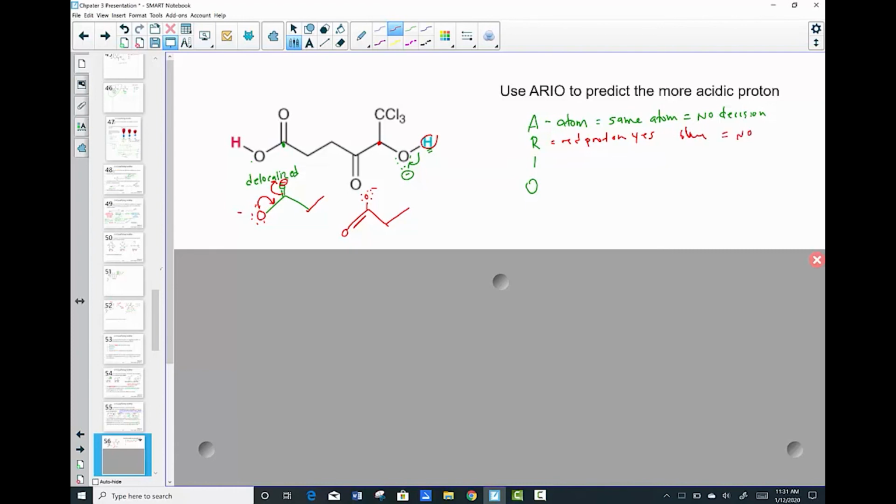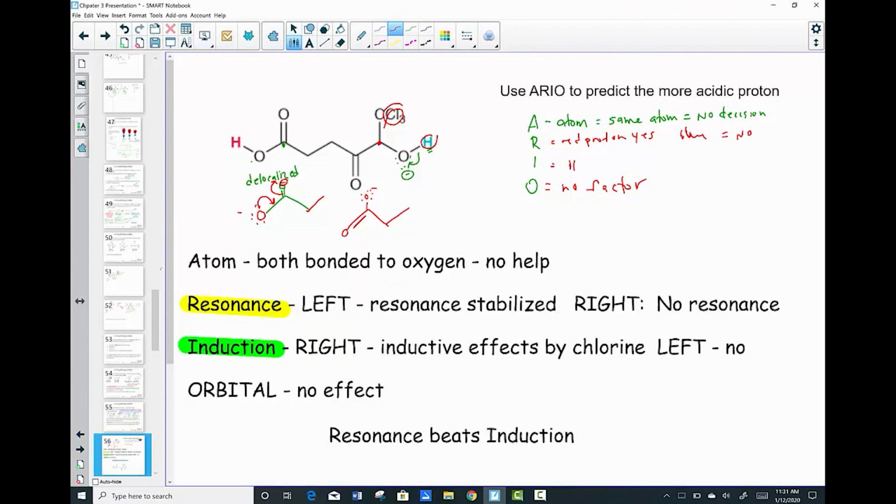If I went on and looked at inductive effect, the hydrogen exhibits inductive effect because I can see chlorine here. The orbitals are really no factor, because I don't see double or triple bonds on the carbons. So keep in mind, you're going in order. As soon as I found that the left molecule exhibits resonance but the right molecule did not, I don't have to go any further.